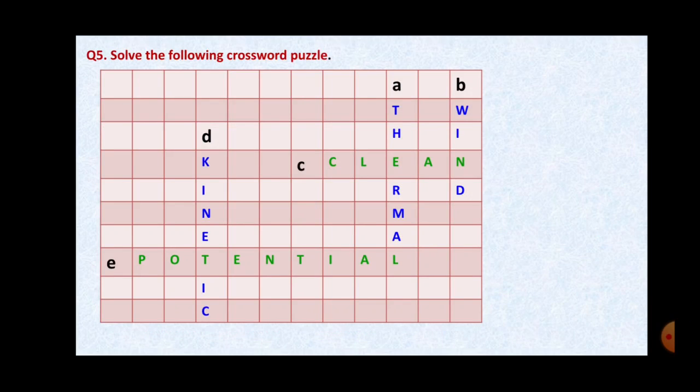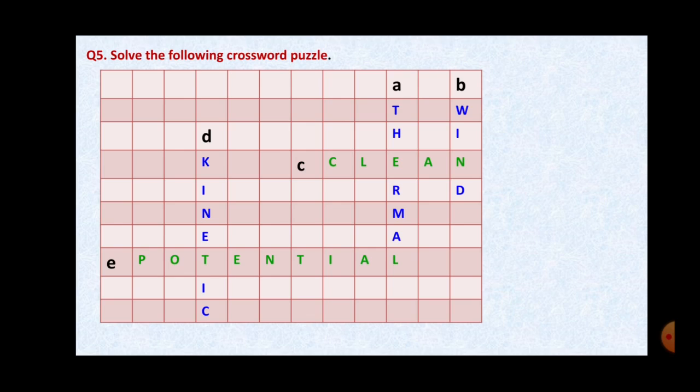Then next is given a crossword for which you have to write the answers. The first one is, maximum energy generation in India is done by using dash energy. It is A, that is thermal. Second is, dash energy is a renewable source of energy. It is B, WIND. Third is, solar energy can be called dash energy.